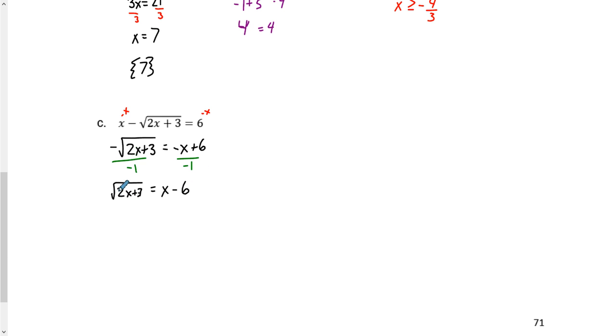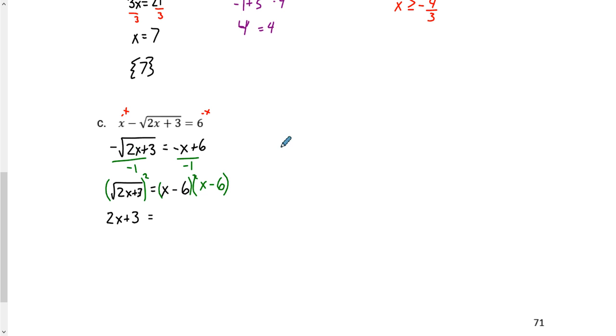This question is going to make it a little more difficult, because we are going to be squaring an x subtract 6. Squaring this side, we're just going to be left with that 2x plus 3. But on this side, we are going to be multiplying this entire side twice.